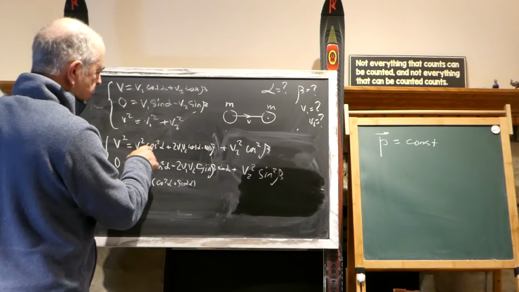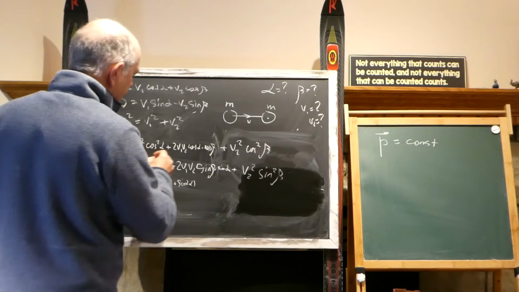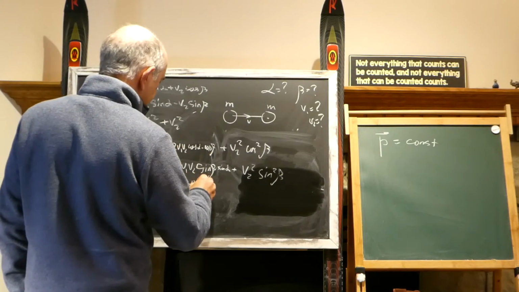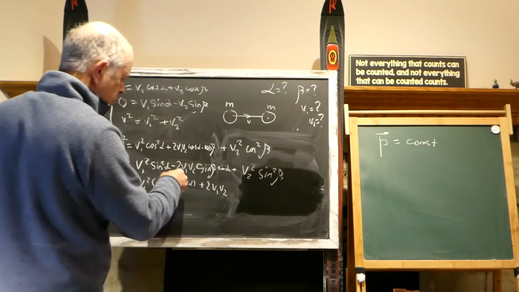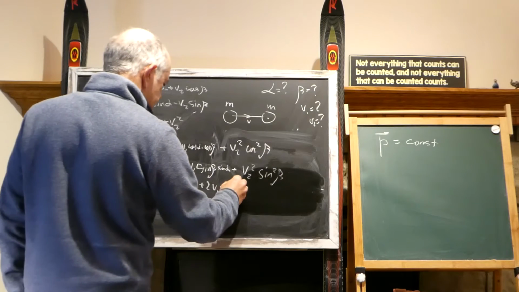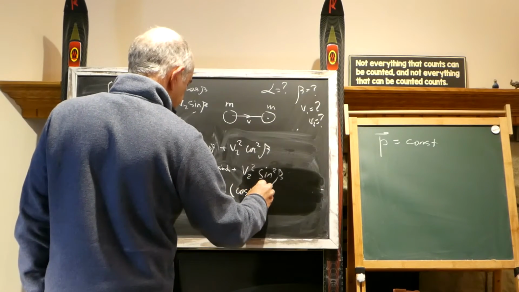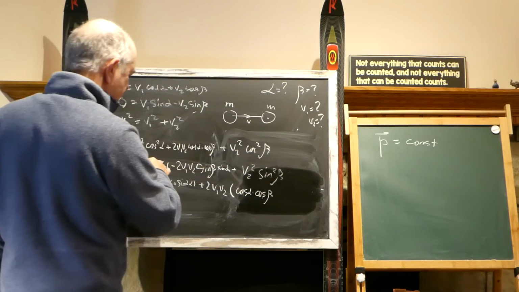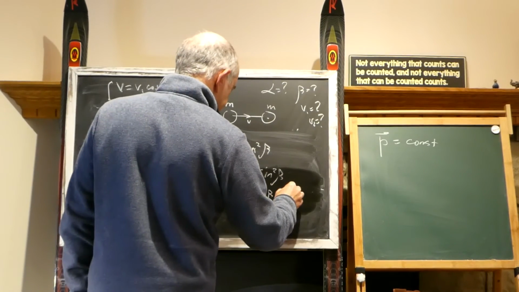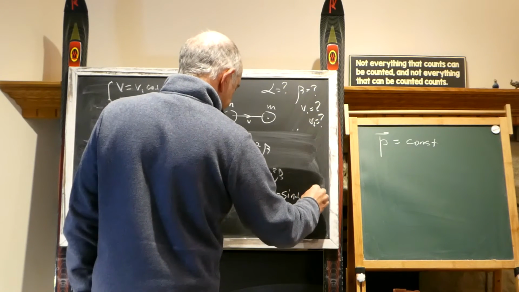And so from the first would be cosine squared, from the second would be this. When I add those two, I will have 2 v1 v2. I will factor those out. First we'll have cosine alpha cosine beta, and from this one it would be minus sine alpha and sine beta.